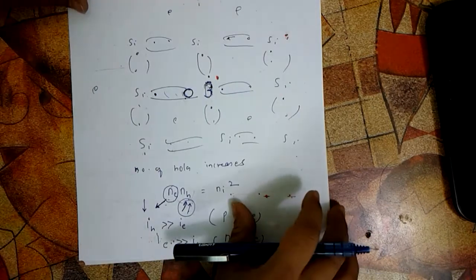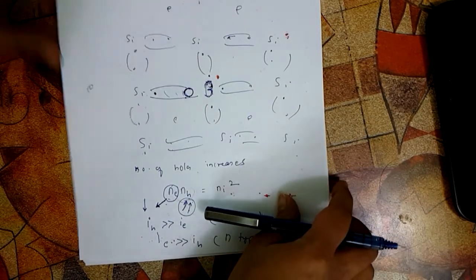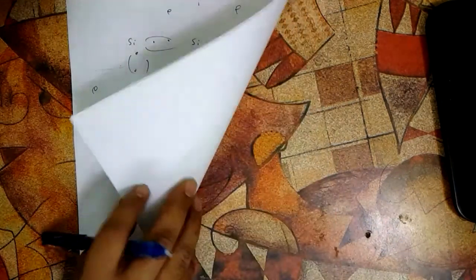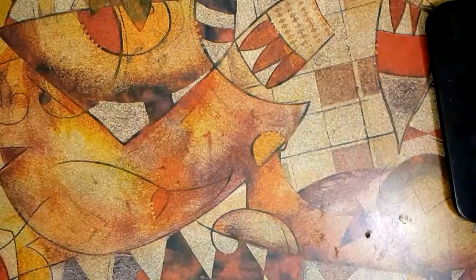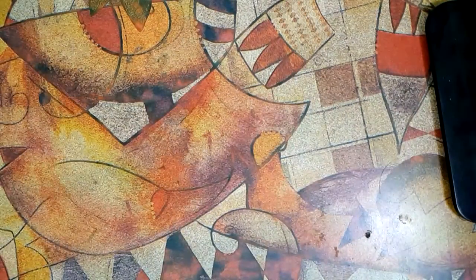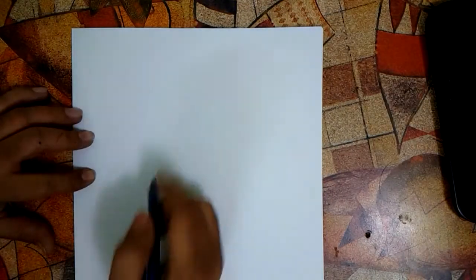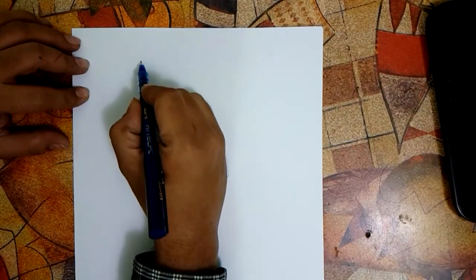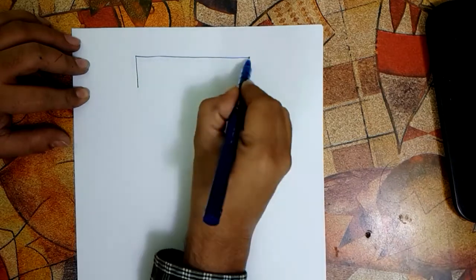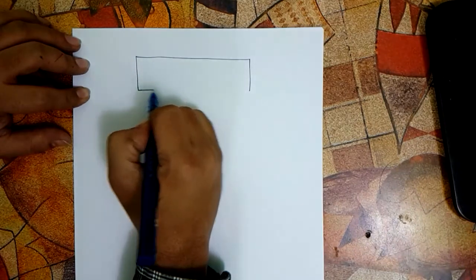Now we come to the p-n junction. Okay, what if we combine those two kinds of extrinsic semiconductors?